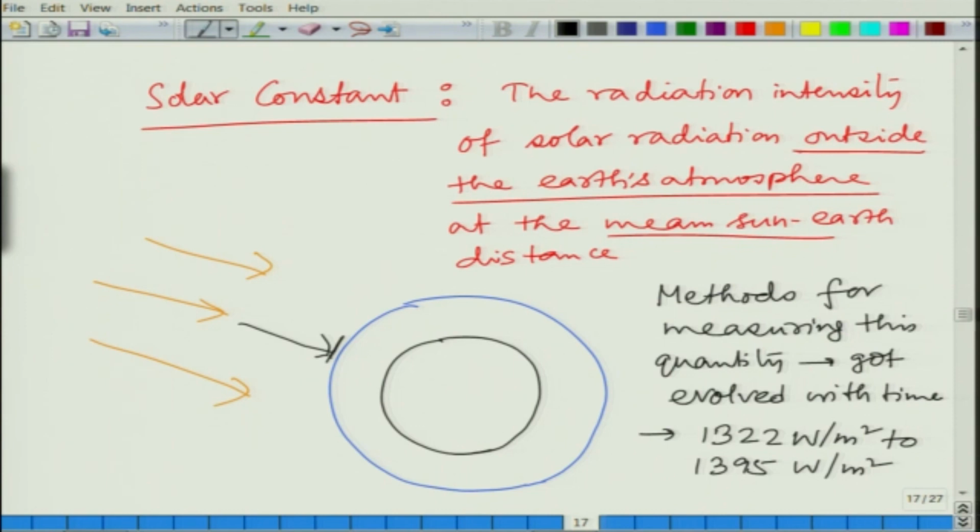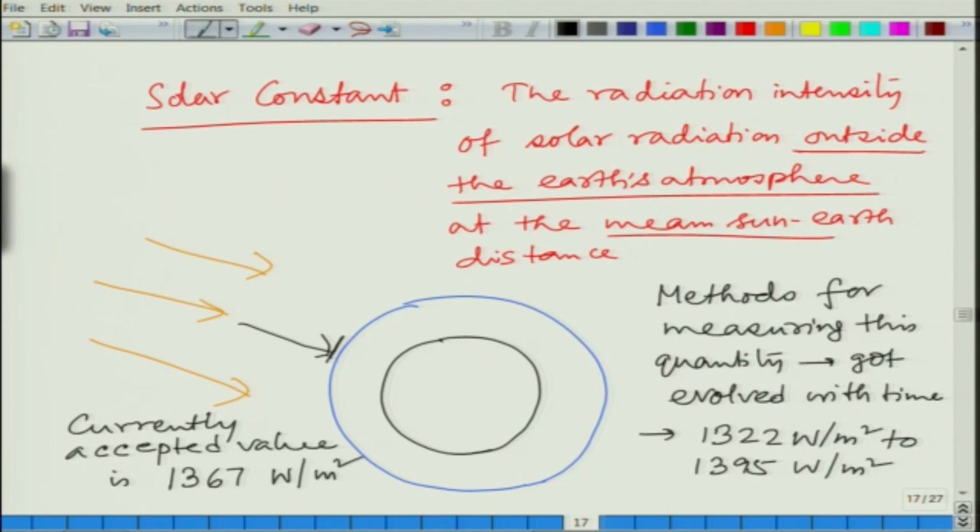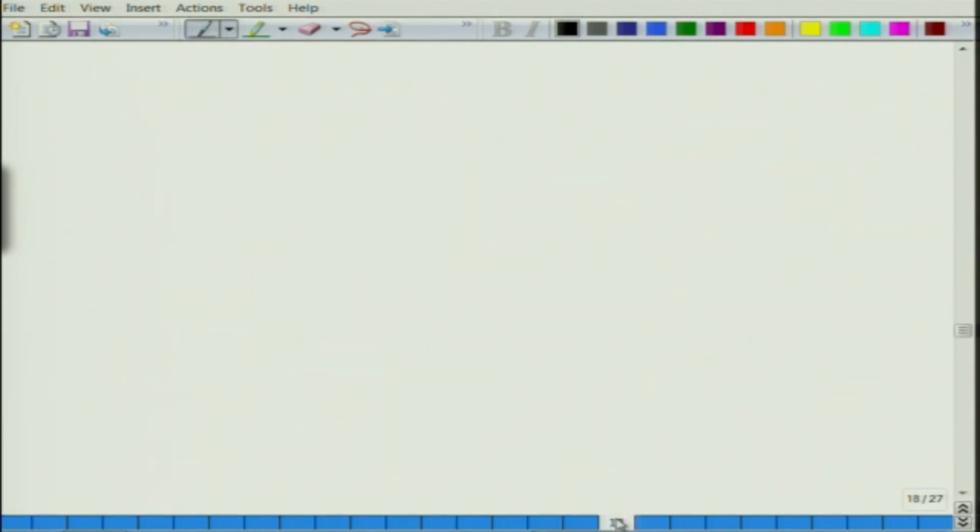So, during the last century there are a lot of effort went into measuring this solar constant, which is important quantity, and what is the value currently accepted. So, the value is 1367 watt per meter square. Okay. So, that is the solar constant. So, we are first defining few things so that we can use them later.